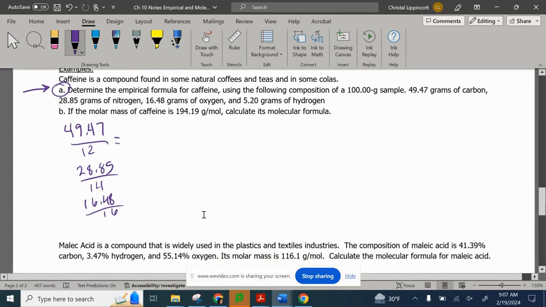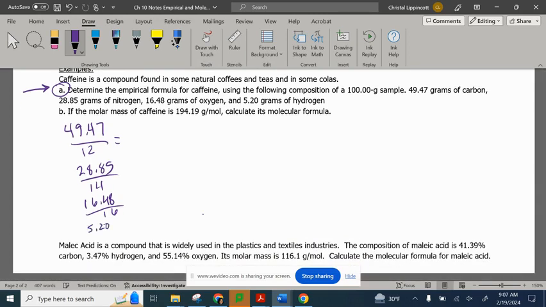And let's do a little hydrogen here. 5.20 divided by 1. 49.47 divided by 12 is 4.12. 28.85 divided by 14 is 2.06. 16.48 divided by 16 is 1.03. And 5.20.